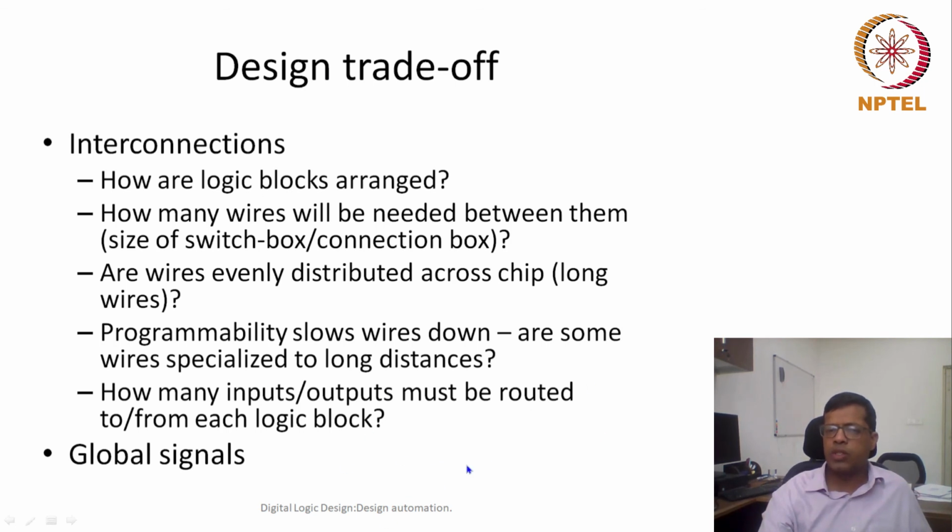In our previous diagrams, for example, we have seen that on all four ends of a logic tile or logic block, there were inputs and outputs. Should it be there all the way, or how should they be connected? These are all design questions for interconnection. Global signals we have already talked about: there are some global signals where special wiring would be required, which will usually be non-programmable in nature.